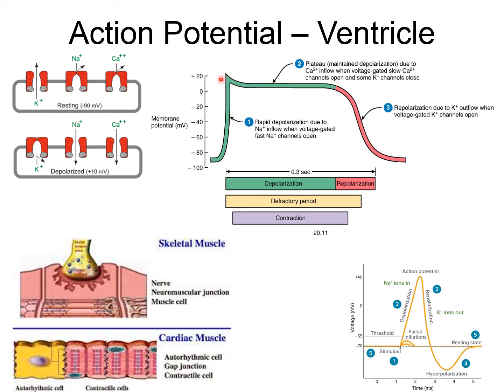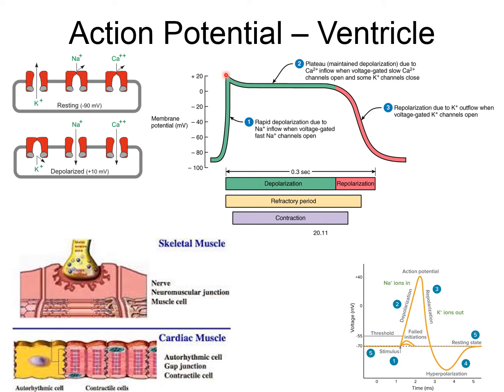Because at plus 20 millivolt the inactivation gate of the sodium voltage channels shuts, and no more sodium can enter the cell. This phase is called rapid depolarization of the contractile muscles of the heart, because of the opening of sodium voltage channels and influx of sodium into the cell.